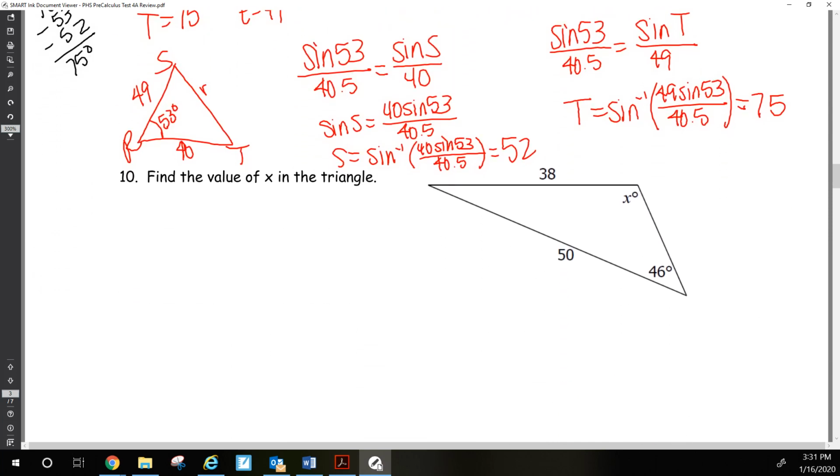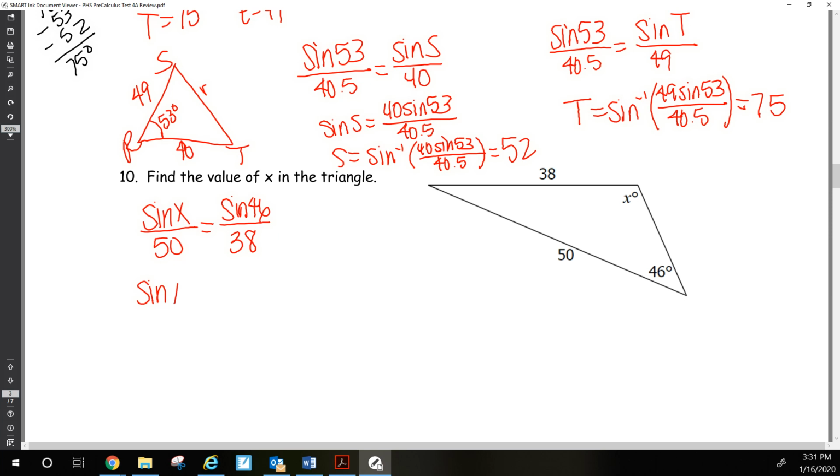10. All right, I've got the opposite side and then an angle. So it looks like I'm going to have two angles and two sides, so I'm thinking sines for this. They don't want us to find everything, just the value of x. So I know sine x over 50 is equal to sine 46 over 38.